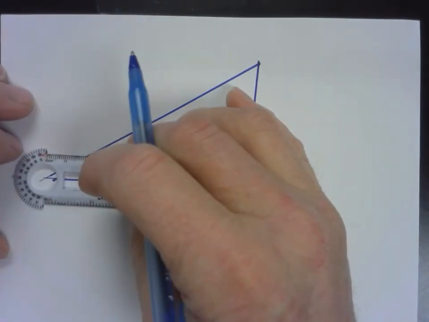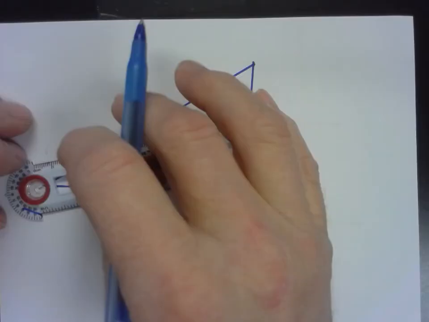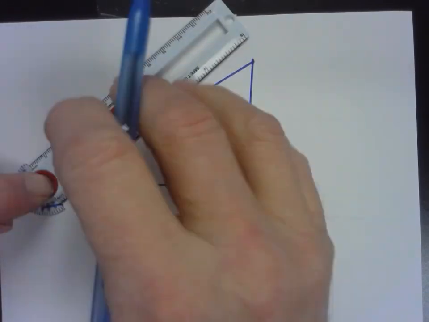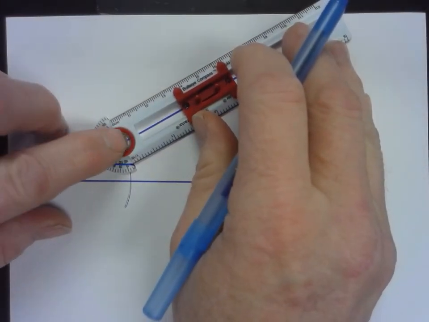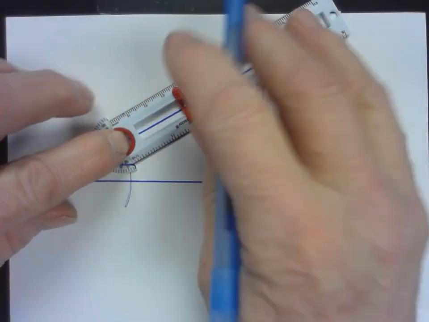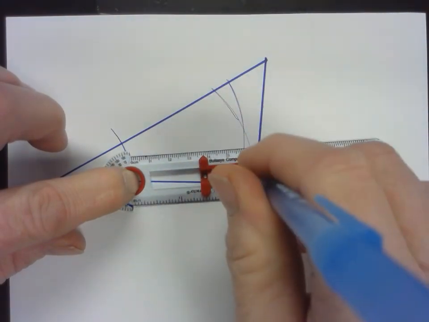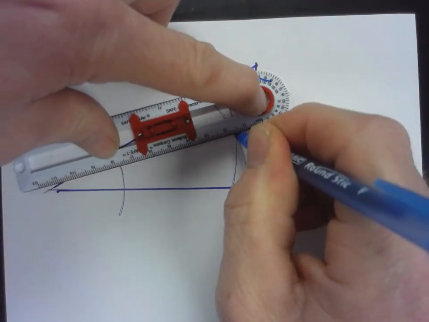Make an arc, come up here. Make an arc, and then when I go down to this one, make sure I make the same arc. So there's my intersection. I can draw the angle bisector.